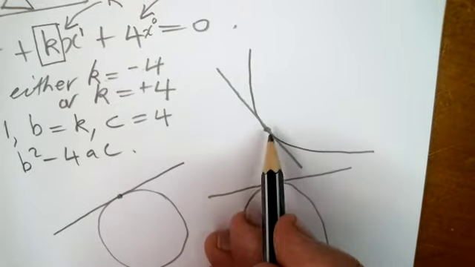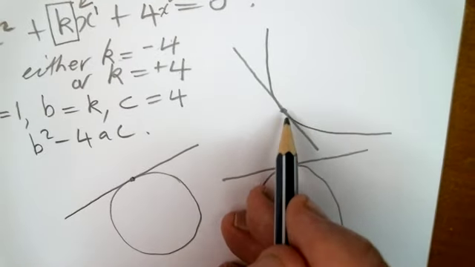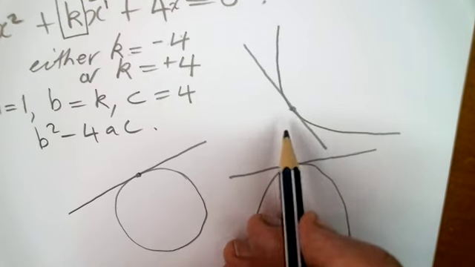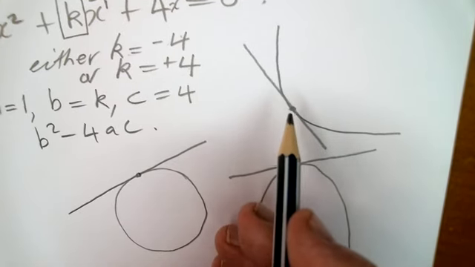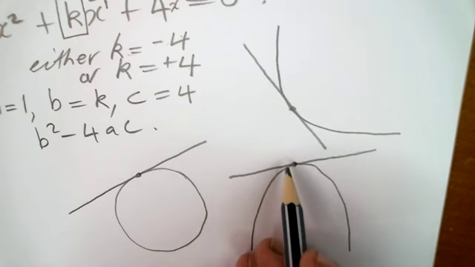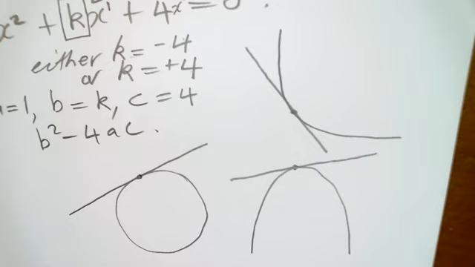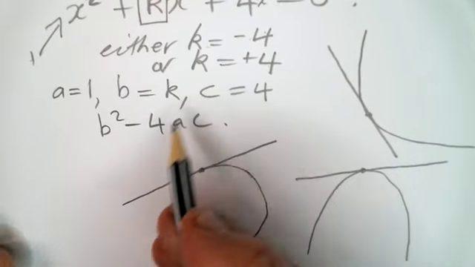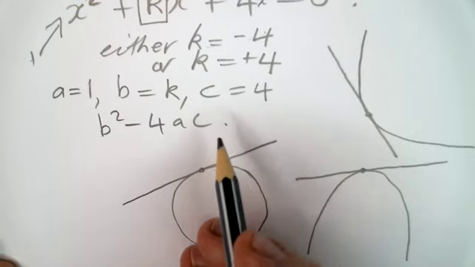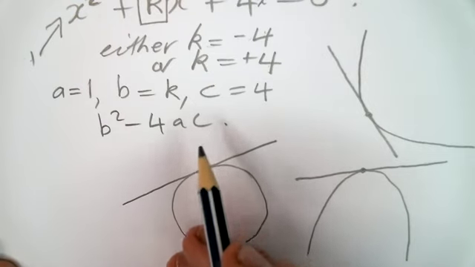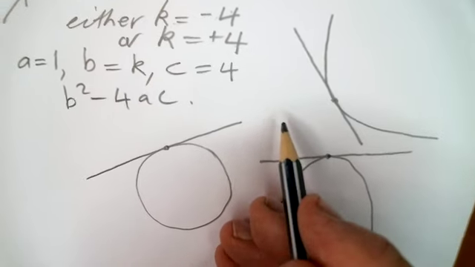But if it's touching in one place and it does not cross over the line, in order to find where the point of intersection was, you would take the coefficients of the equation, you would use the discriminant very much like what we had here, and you would say, let's go ahead and we're going to make the discriminant equal to 0. So in those cases, discriminant is 0.